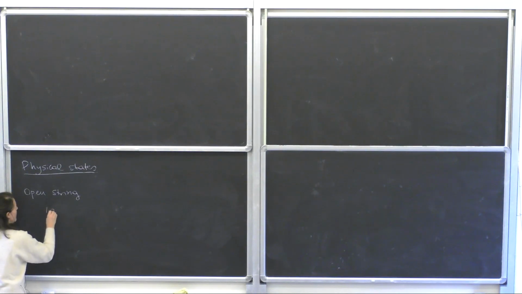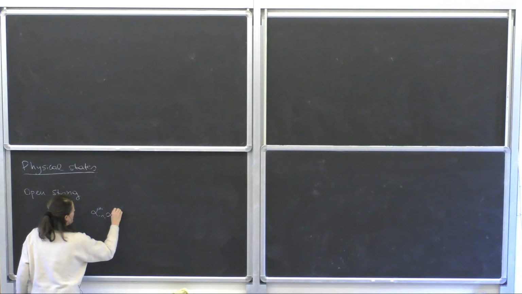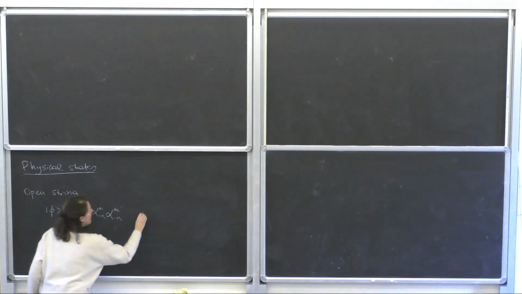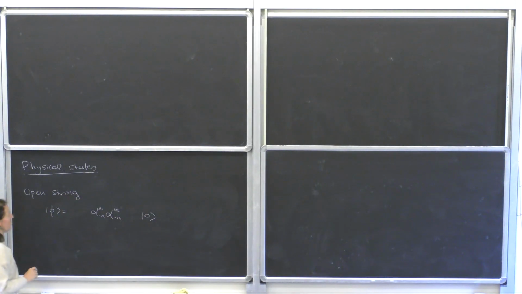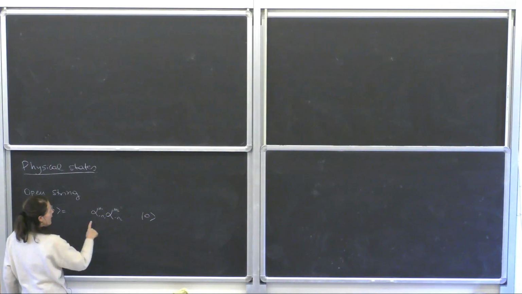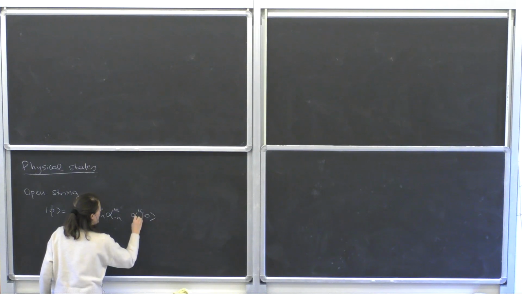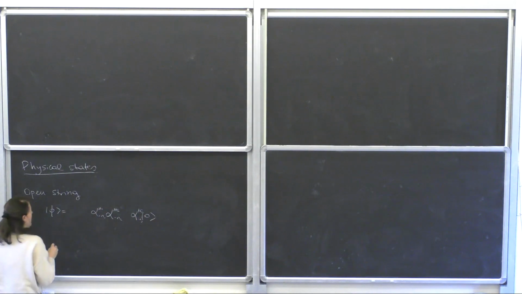So yesterday we said that the states in the spectrum are constructed by acting with a bunch of creation operators, alpha mu1 minus n1, alpha mu2 minus n2, up to alpha mu j minus n j, on the ground state, and the creation operators are the ones that have negative n.